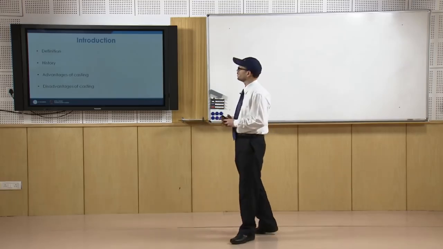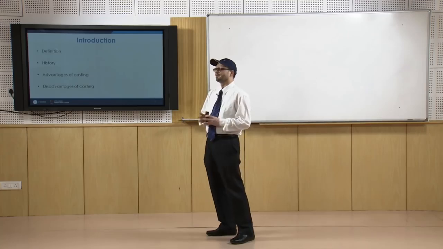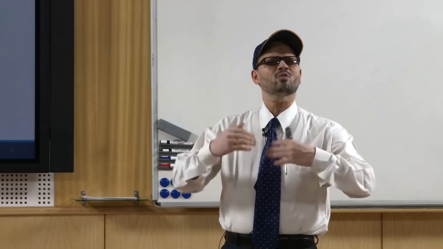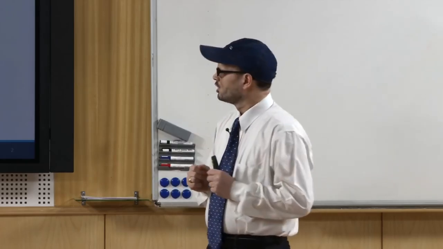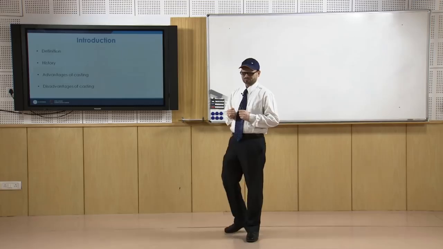Let us see what is casting. So, in a very rude way, casting is nothing but allowing molten metal to solidify in a closed cavity, or even if it be open. The molten metal has to be poured and it will solidify. Now, why do we need to study this?